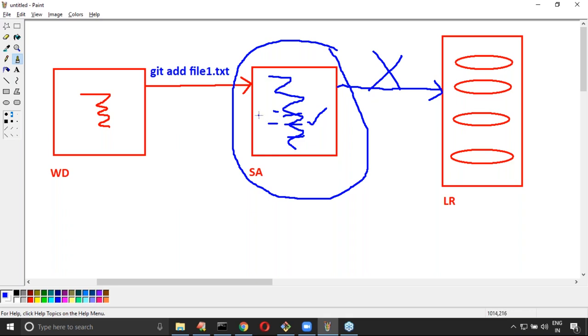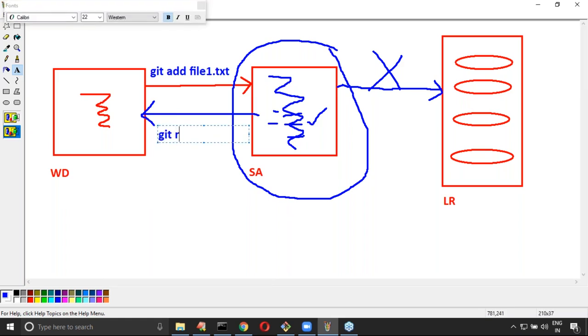Can you please discard these changes from the staging area? Now whatever changes you added to the staging area will be reset back. Such type of thing if you require, then we go for git reset, git reset file1.txt.